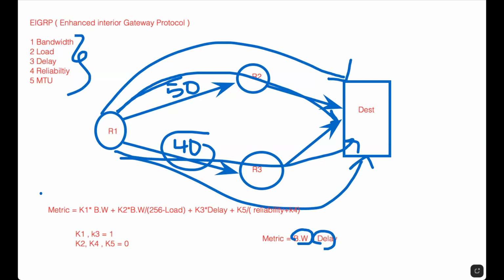Okay, so that is how EIGRP calculates the best path. And similarly, yesterday we talked about OSPF neighboring conditions. Similarly, EIGRP also needs some parameters to match to form neighbors.